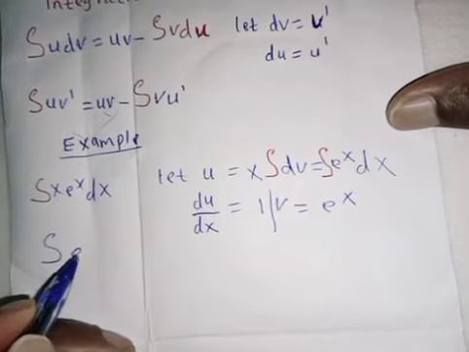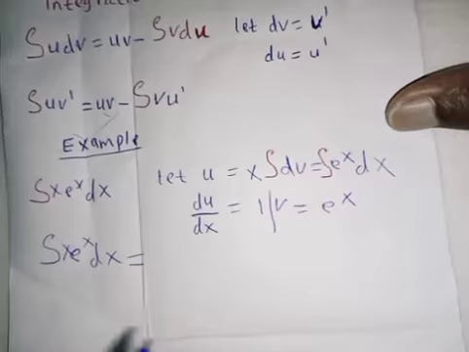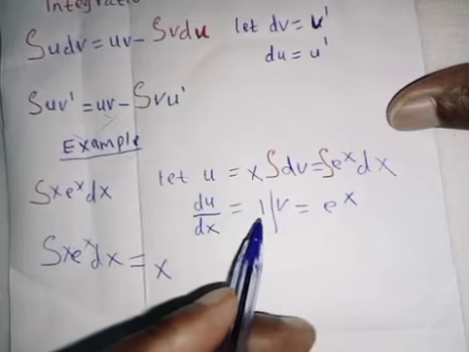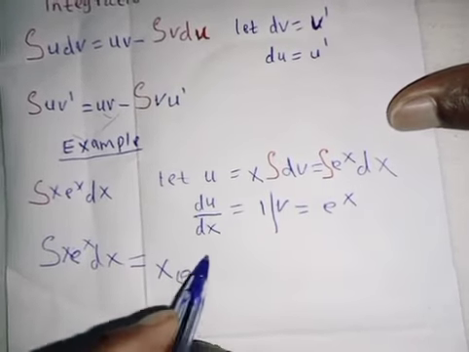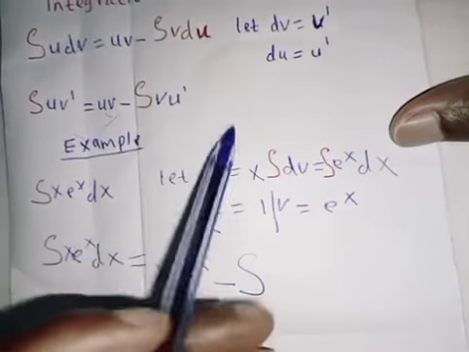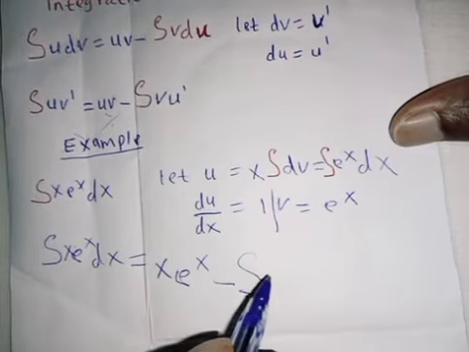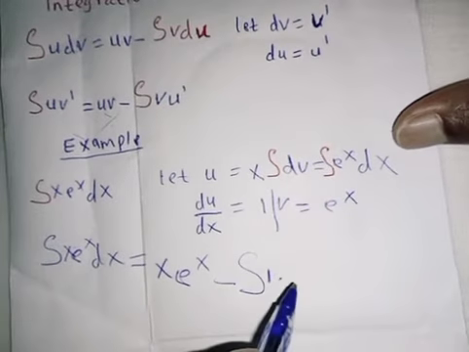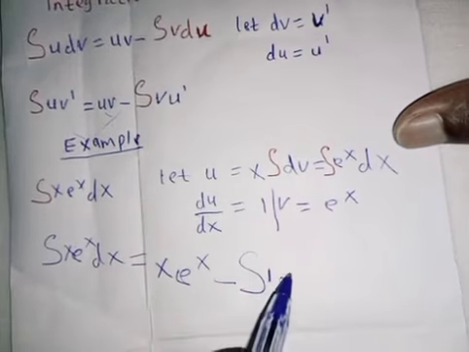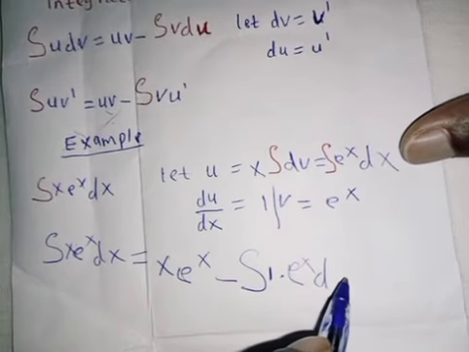So the integral of x exponential x dx will be given by this formula here. Our u is x. Our v, we have found it to be exponential x, minus the integral of our u prime, that is du, which with respect to dx is 1, multiplied by our v, which is exponential x, with respect to dx.